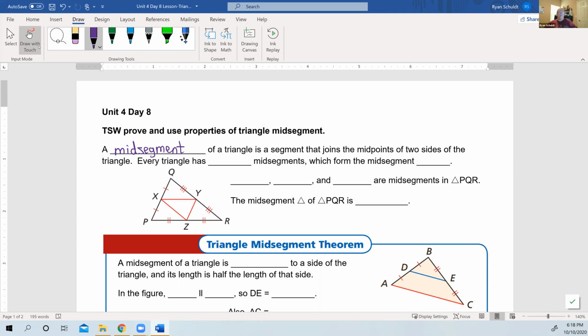Every triangle has three midsegments, which form the midsegment triangle. So all three midsegments form their own little triangle.